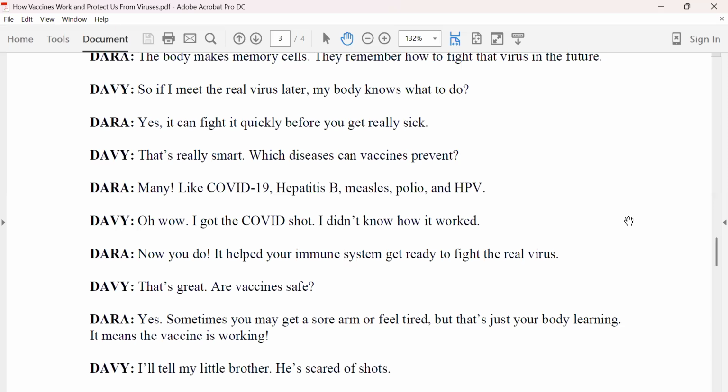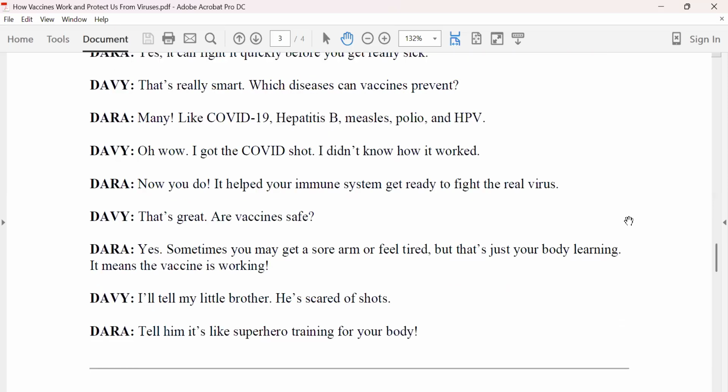Now you do. It helps your immune system get ready to fight the real virus. That's great. Are vaccines safe? Yes, sometimes you may get a sore arm or feel tired, but that's just your body learning. It means the vaccine is working. I'll tell my little brother, he's scared of shots. Tell him it's like superhero training for your body.